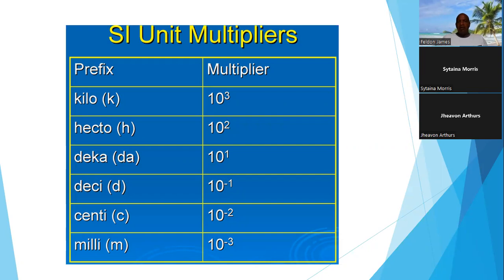Wherever you are in the world, all scientists agreed on using this system of measurement so that they have one standard that everybody can work with. And there's a reason for this system too. It is also easy to count by 10, right? Counting by 10 is one of the easiest things to do.